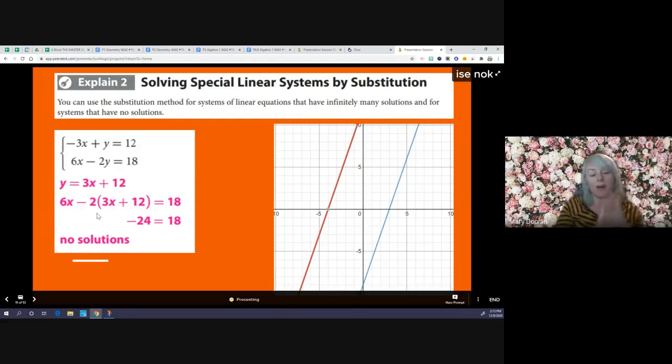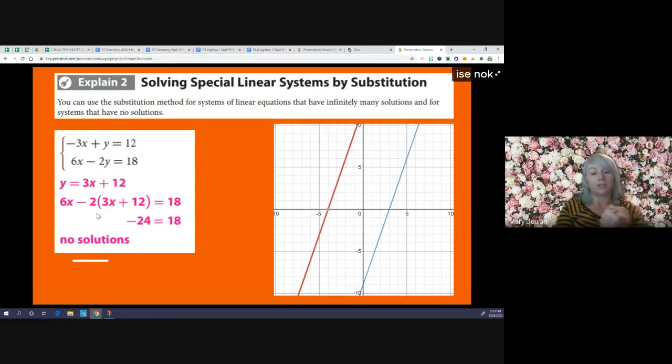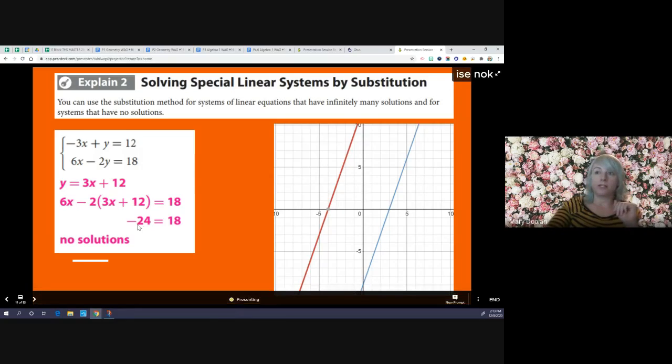So when that happens, when your variable term cancels out and disappears, you're going to end up with one of two things happening. You're going to end up with a constant equal to a different constant. Negative 24 equals 18. They're not the same number. This is nonsense. This is false, so we say no solution.